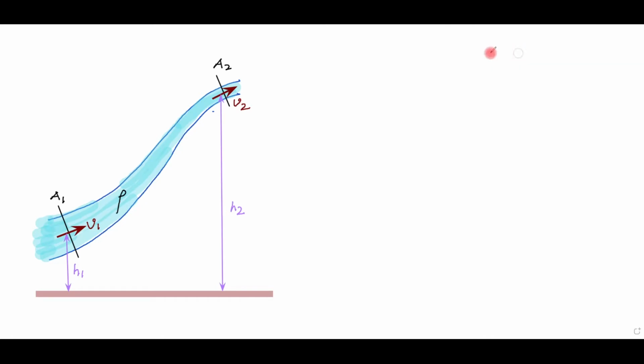P1 plus rho g H1 plus half rho V1 square equal to P2 plus rho g H2 plus half rho V2 square.